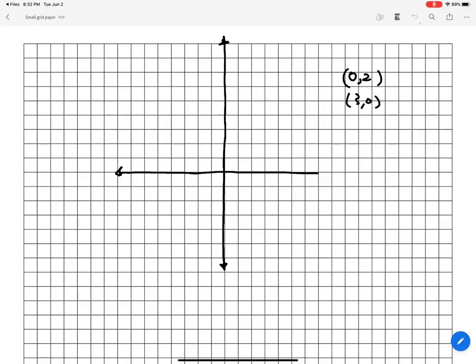So to graph this, I'm assuming each square is 1. So 0, 2 means right here. And 3, 0 means 1, 2, 3, starting at the origin and 3 to the right. And all we have to do is connect the points. Okay, and then we are done.